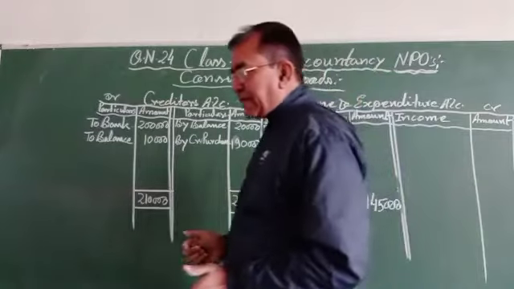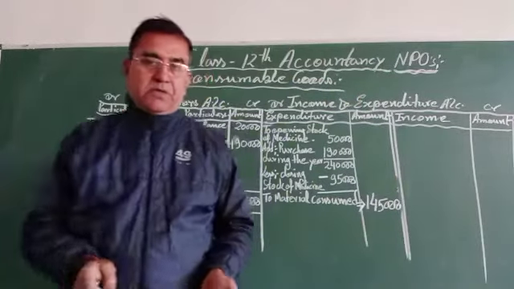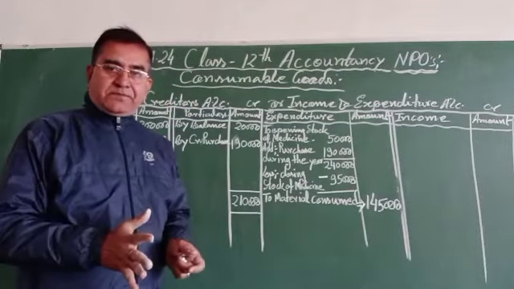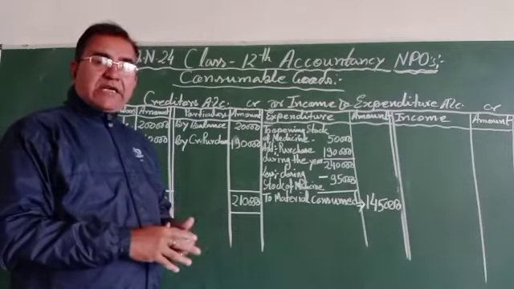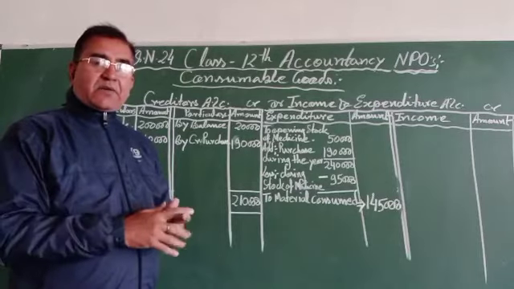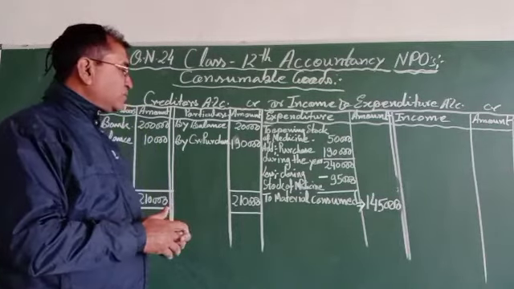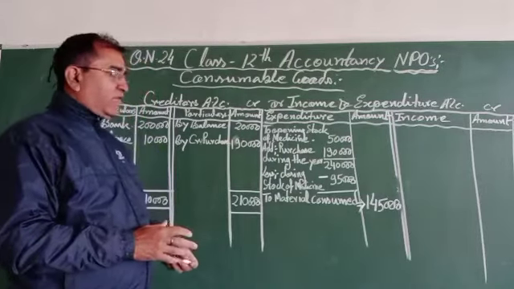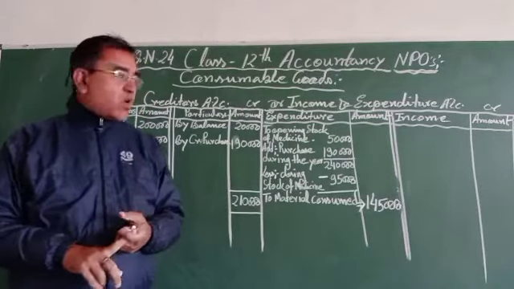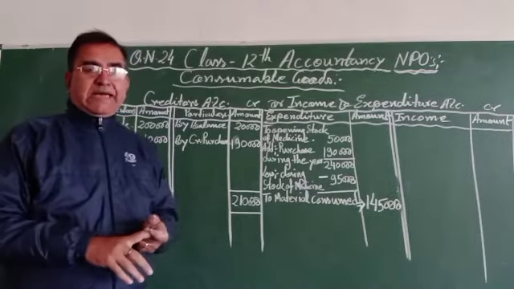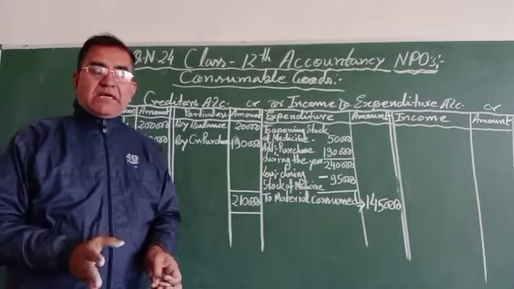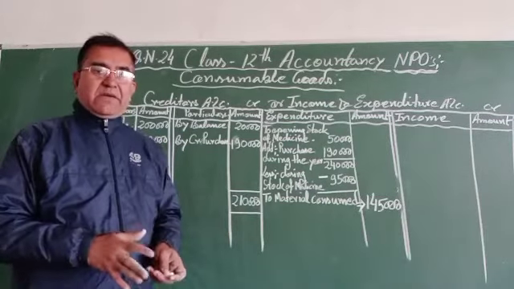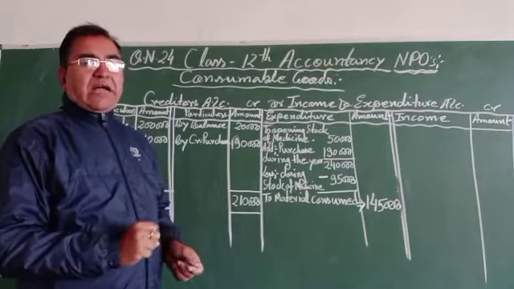In the information in question number 24, the opening stock of medicine is given as 50,000. The closing stock of medicine will be 45,000 more than the opening stock, means 50,000 plus 45,000, the closing stock of the medicine will be 95,000.